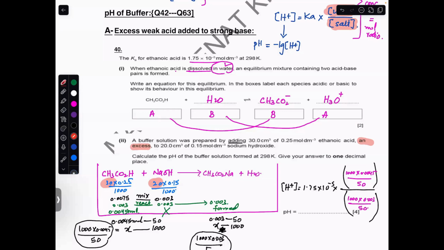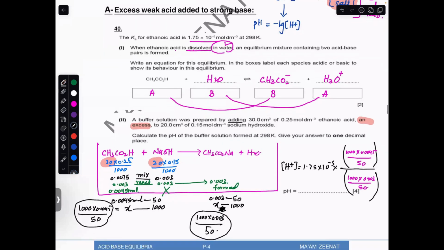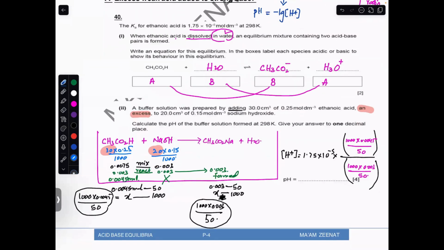Don't you think that the 1000 and 50 are cancelled? So you are just left with the moles, 0.003 and 0.0045. So H plus is equal to Ka into weak acid moles over the salt moles, don't you think?